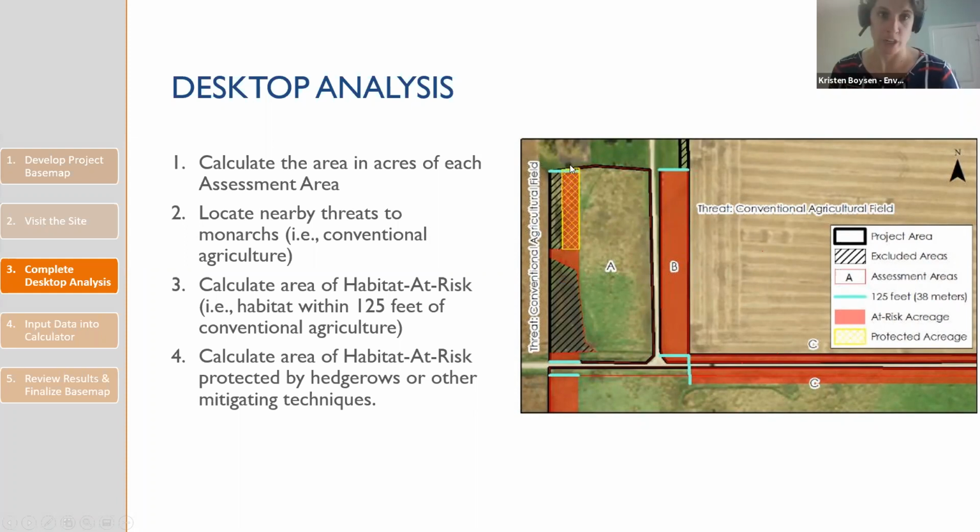Those things you'll enter into the HQT calculator. You'll enter the full assessment area acreage, the at-risk acres, and then which percent of those acres are protected by a hedgerow. You'll see B and C, there's no protected acreage.